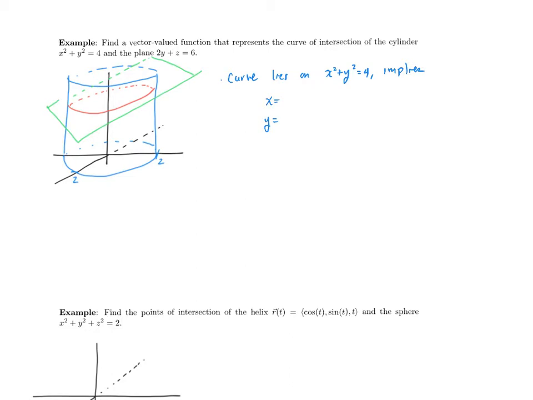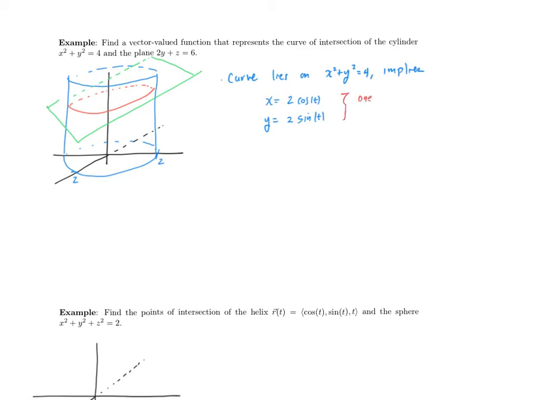And one possibility, something similar to what we talked about at the end of Calc 2, is you can come up with a parametric description of any circle of radius r just by letting x be r cosine t and y be r sine t. And here our radius is 2. And I do want to be very careful to note this is not the only choice.